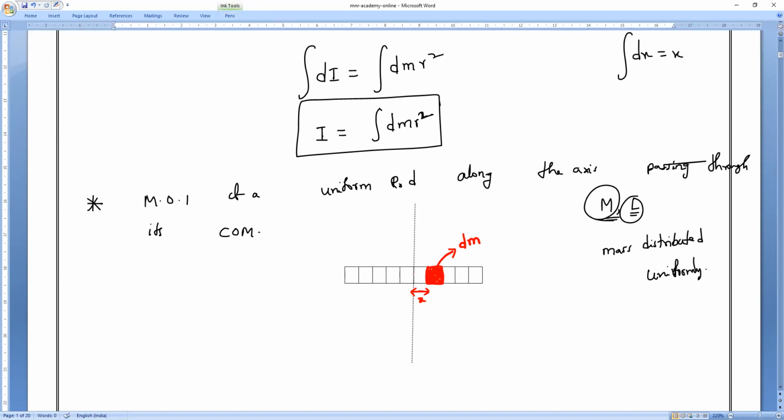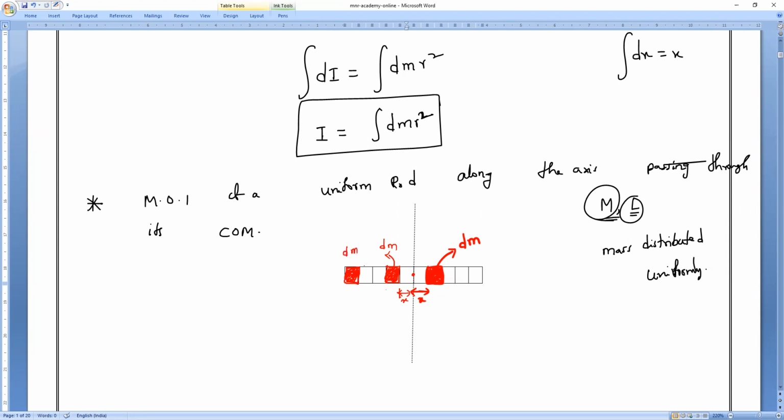So this is the center of mass, and it is present x meters away. Or else on this side also I can take a particle, also of mass dm, present x meters from the center of mass. If I take another particle, let me take it as mass m, present at some other distance x1 from the center of mass.